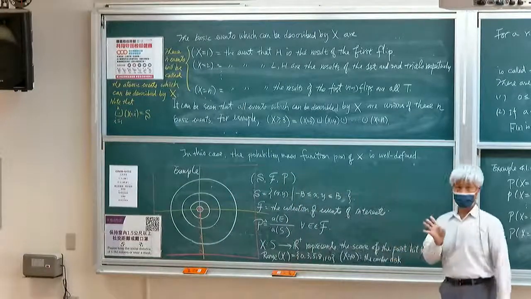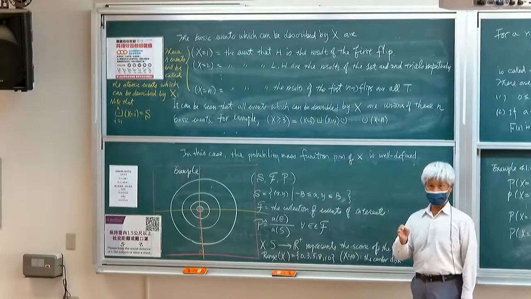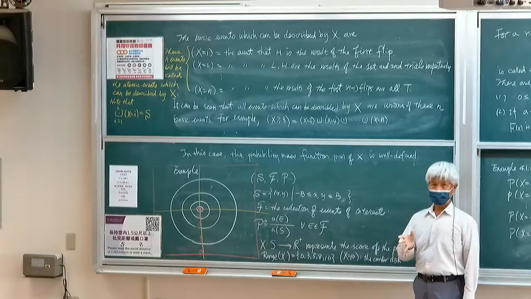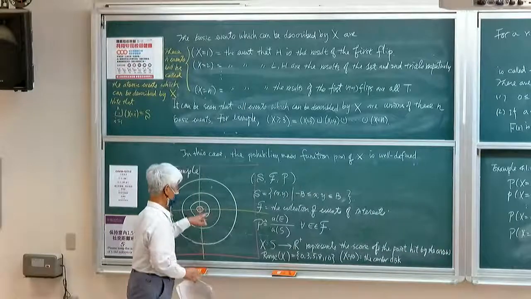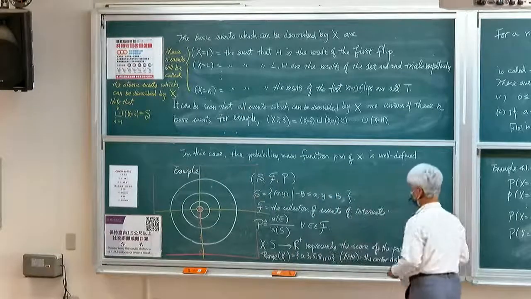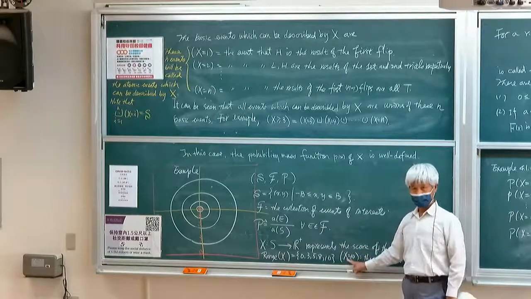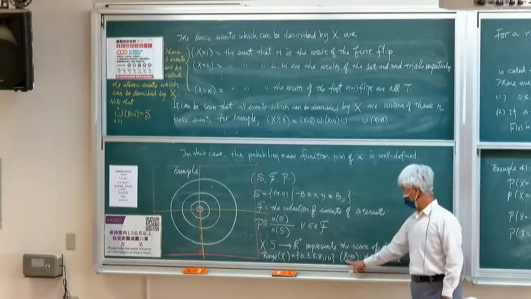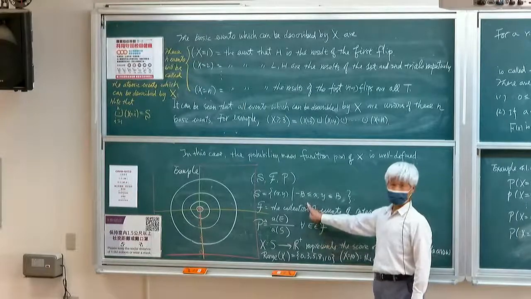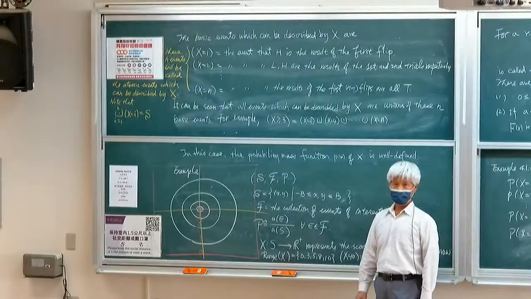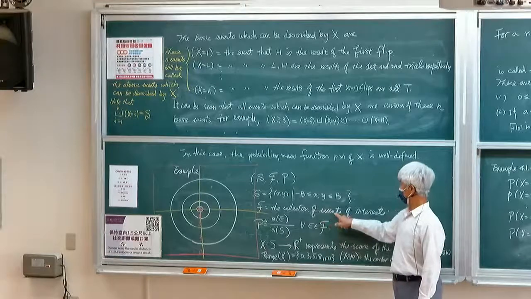And so that the player will get score 10, if the point hit by the archer will be a point in the center disk. So that to assign probability for this event, then this subset should be in F. Okay, so it should be selected into this collection.